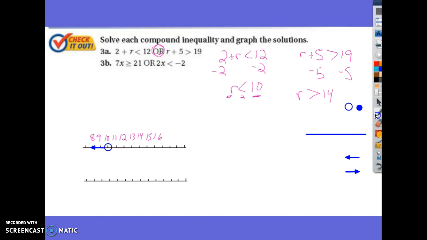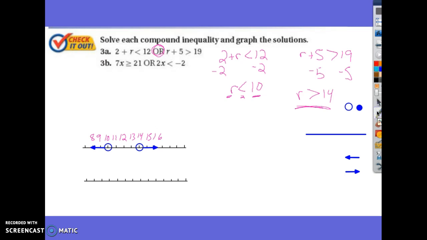In this one over here, r has to be greater than 14. Still, as indicated by the sign, an open circle. So I'm going to put an open circle on 14, and r has to be greater than that, so r goes in this direction. So I've got a set of or inequalities going to the right of 14 and the left of 10.